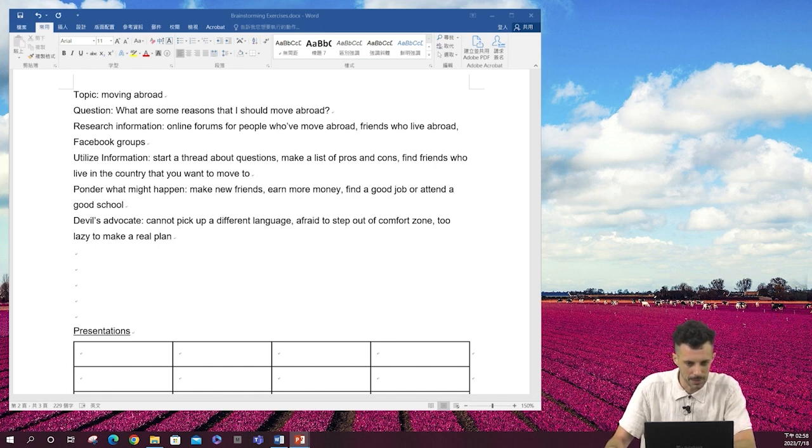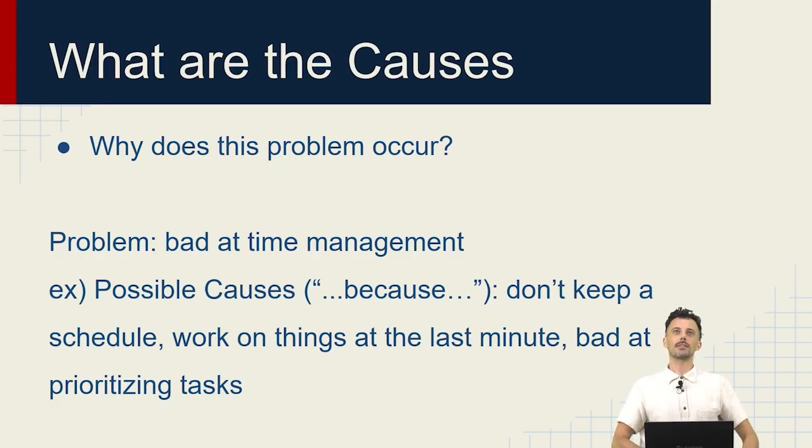Okay, so then the next part is to think, what are the causes? This is more about knowing yourself, what causes these problems. These problems happen because of something. It can't be specifically the situation around you, maybe a reaction to the situation, but you have to know why this problem occurs.